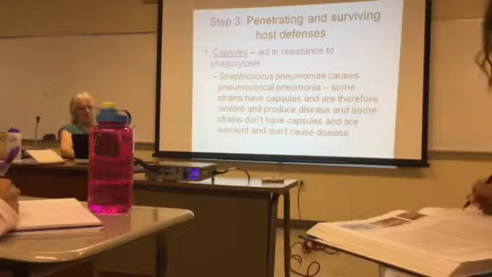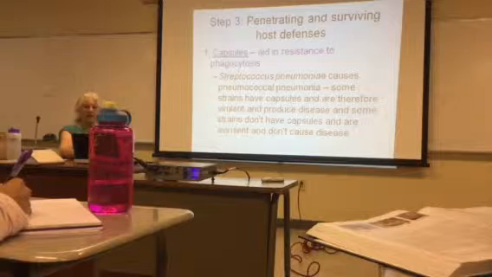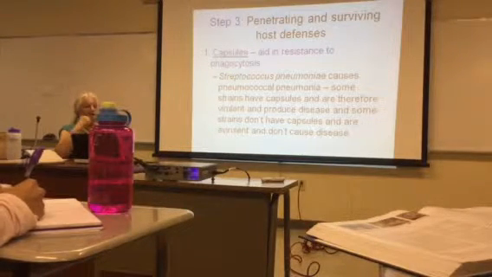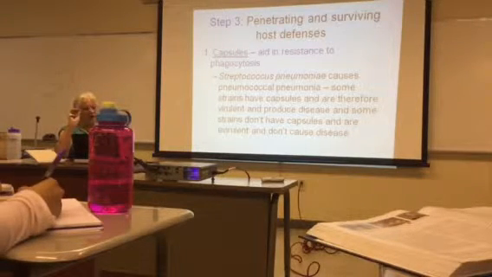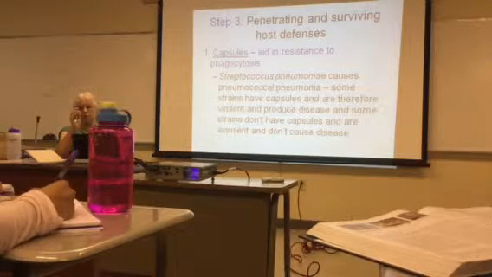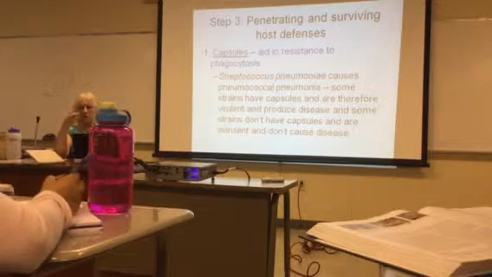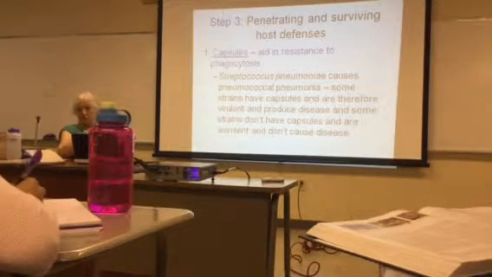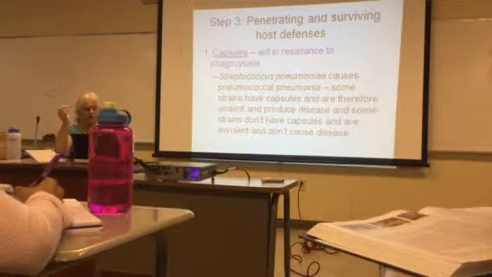Now step 3 is penetrating and surviving the host defenses. One way they can do that, and this would make a bacteria virulent, is if they have a capsule. A capsule makes them resistant to phagocytosis by your immune cells, because your immune cells usually go out and take the bacteria inside of them and eventually break it down into pieces.